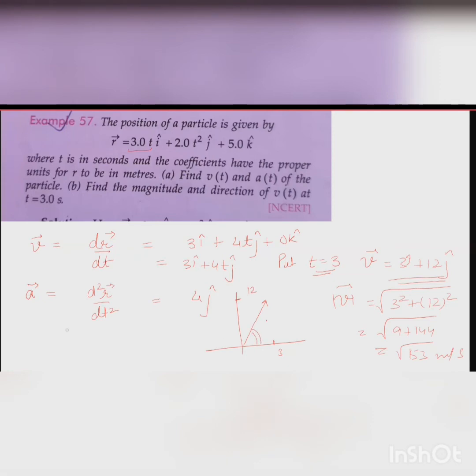Tan theta would be perpendicular upon base, or we can say y component divided by x component. So it would be 12 by 3, or 4. So theta would be tan inverse 4. Got that or not? Yes, ma'am. Okay. We have found the magnitude and we have found the direction associated with the velocity vector.